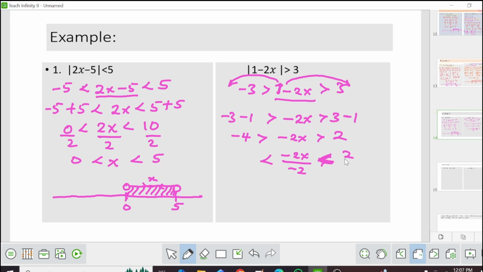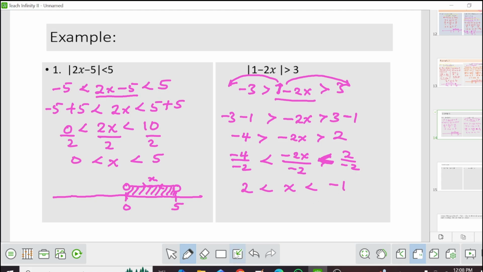This one will become 2 divided by minus 2, and this one will become minus 4 divided by minus 2. You see that? I've reversed the operation. It was fitting before, now it's not fitting because I'm dividing every time by a negative number. So this becomes 2 less than x less than minus 1.